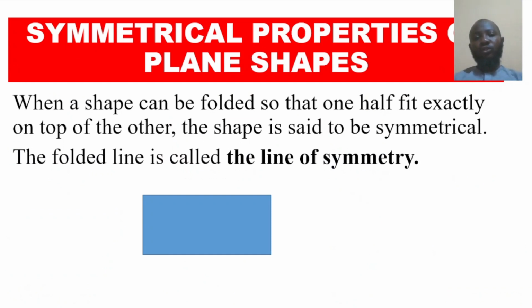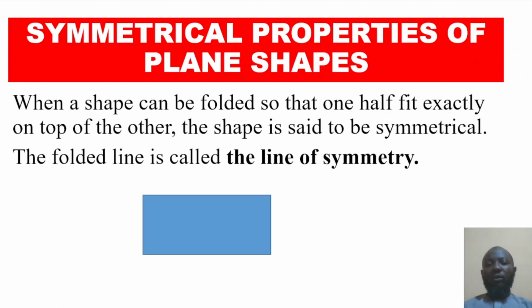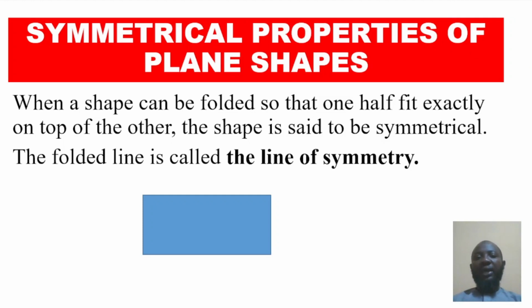So when it comes to symmetrical properties of plane shapes, we are referring to when you can divide a plane shape into 2 equal parts and one half can fit into the other. So when a shape can be folded so that one half fits exactly on top of the other, the shape is said to be symmetrical.